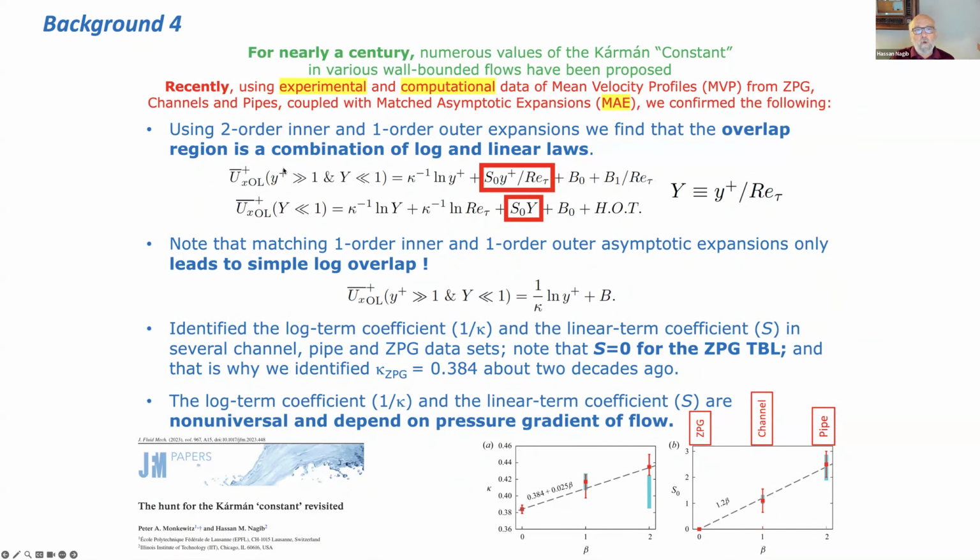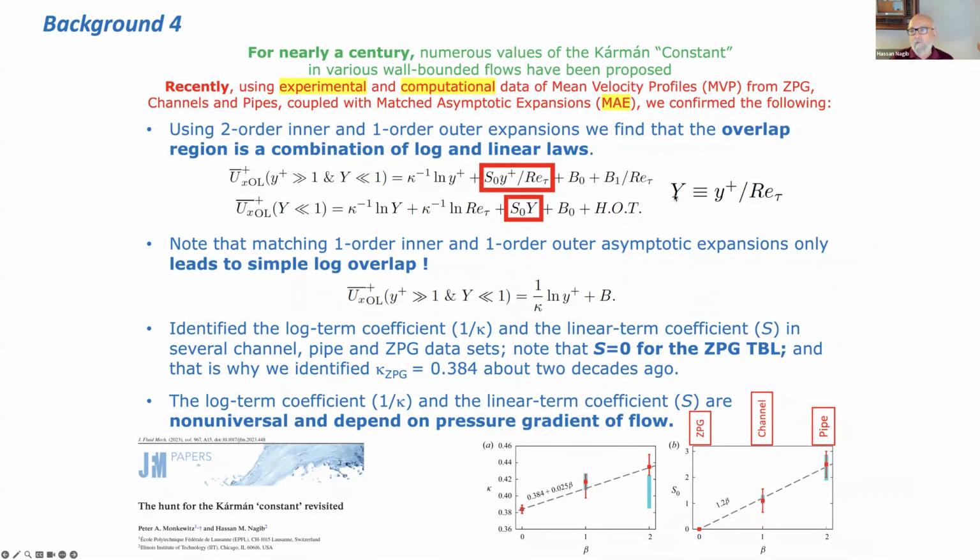So if you do 2-term inner and 1-term outer, suddenly you see the linear term. We like to use it, as I will show you, in outer variables. The reason when you do it in outer variable, the Reynolds number is embedded in big Y, which is the outer variable.